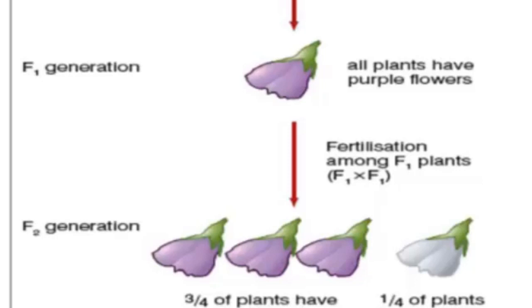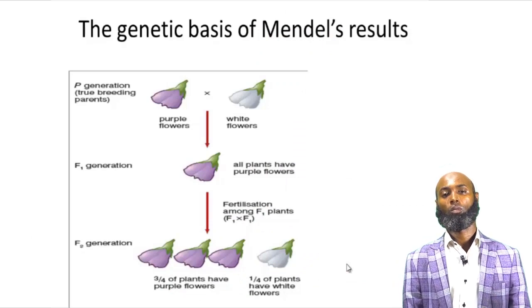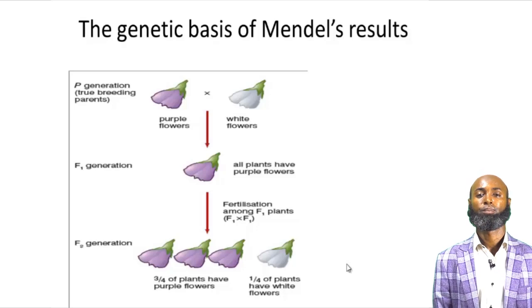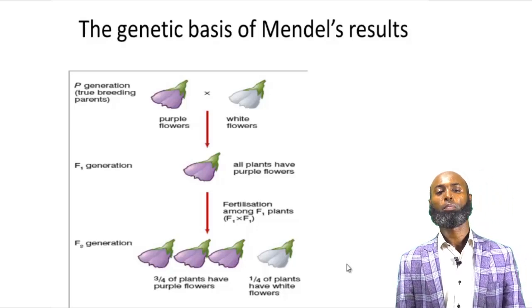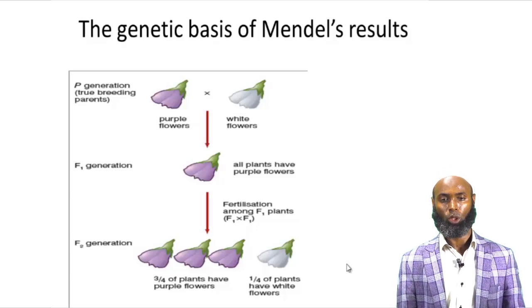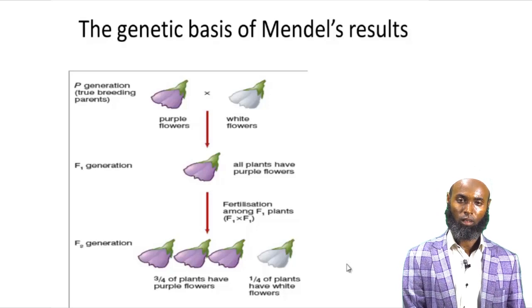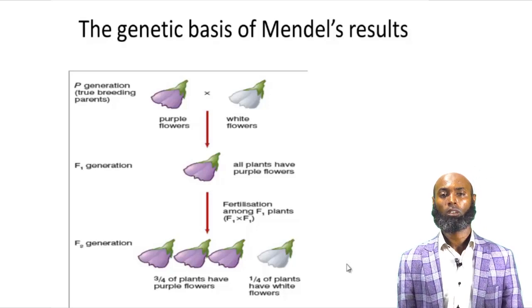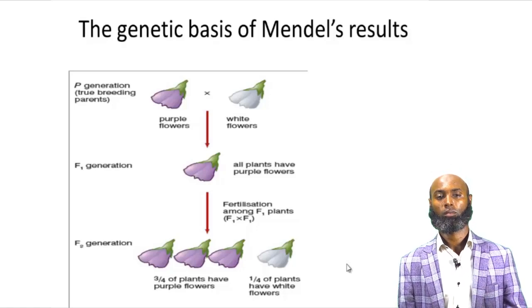This is the phenotypic, or phenotype, 3:1 ratio. 3 flowers are purple in color, only 1 flower is white in color. This is the physical appearance.